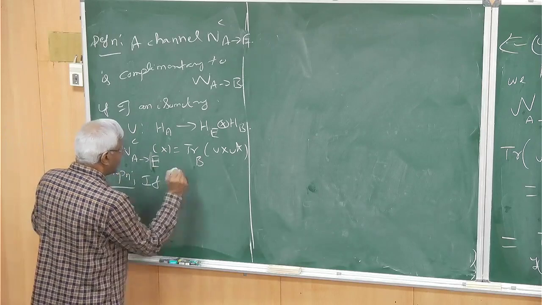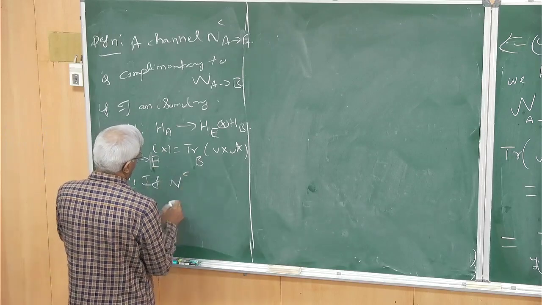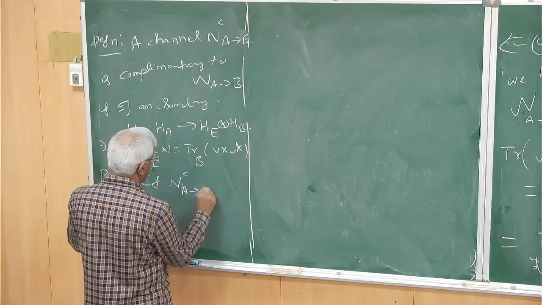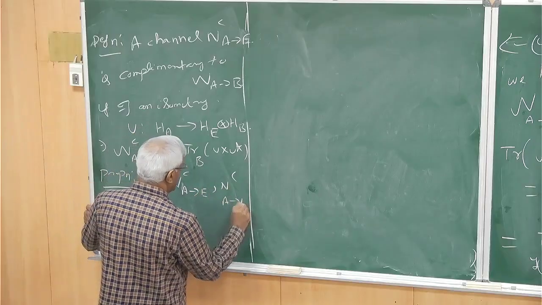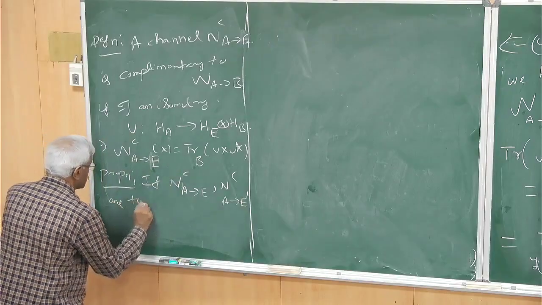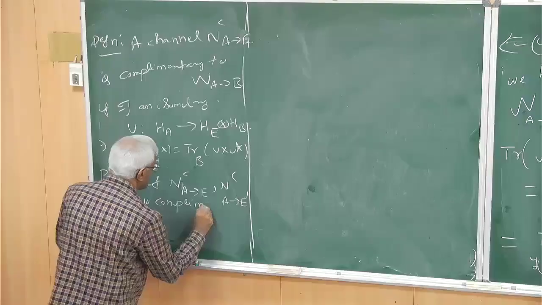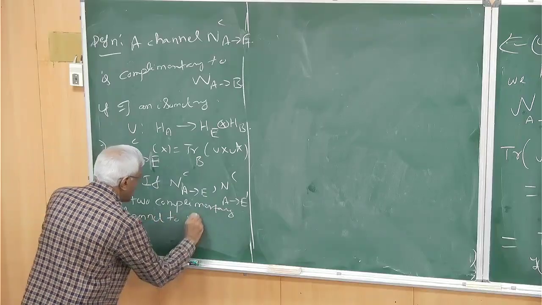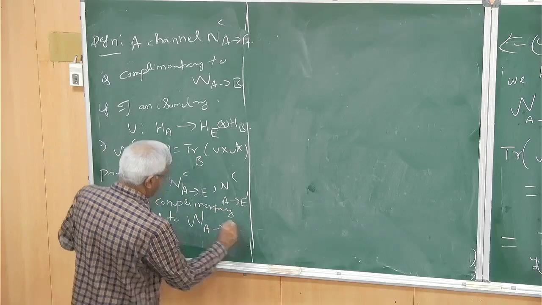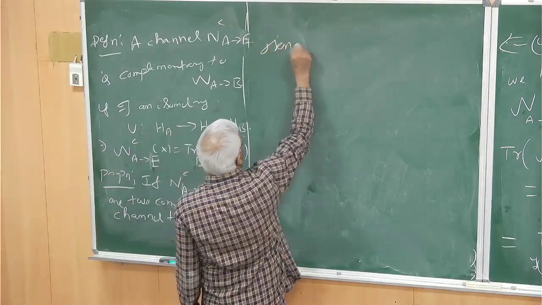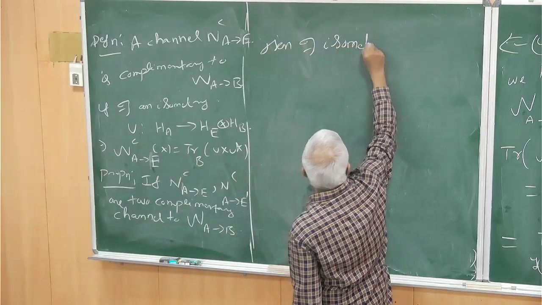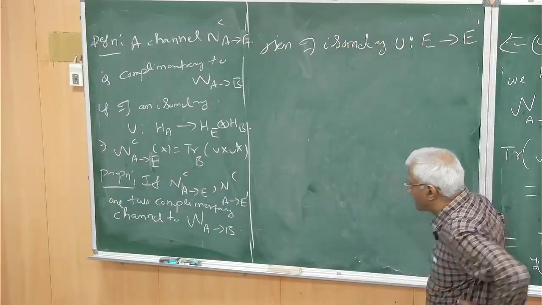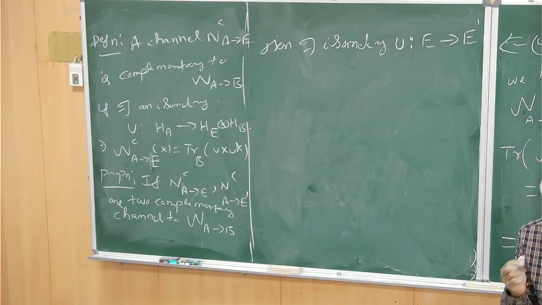Then, proposition. If N from A to E and N complement from A to E prime are two complementary channels to N from A to B, then there exists an isometry, different from the earlier one, from E to E prime.